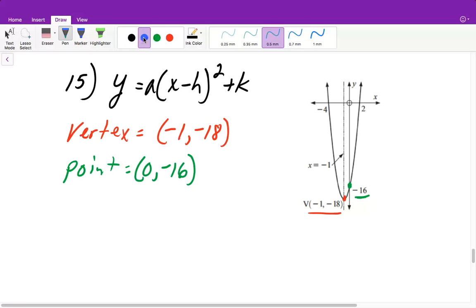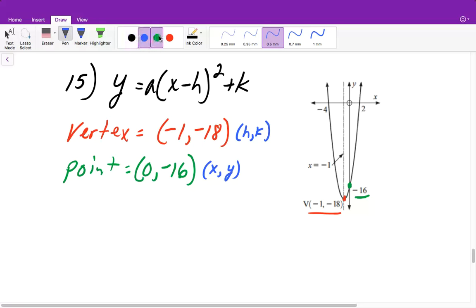All right, there are a few ways you can do this. When you're given your vertex, we are given the point h, k. Yes, they represent x and y, but we denote them with the different letters h and k so that we know to substitute them in for here. And this point is our x and y. So we have an h of -1, a k of -18, an x of 0, and a y of -16.